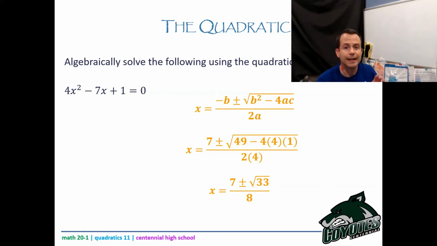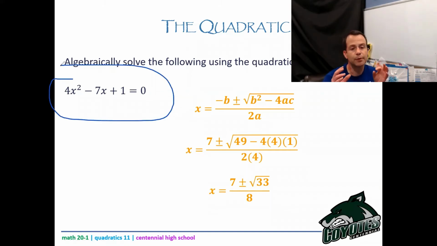Now, again, I want to make sure you understand what you just did, okay? So permit me 10 seconds to explain what just happened. If I was to graph this and I was to calculate the roots, my graphing calculator would give me 2 decimal approximations, okay?